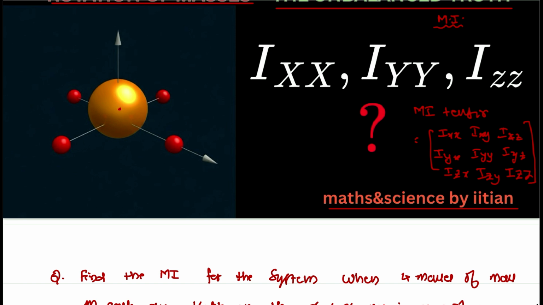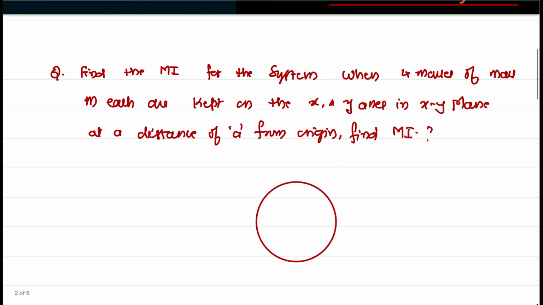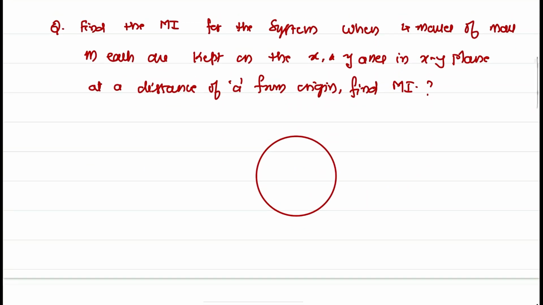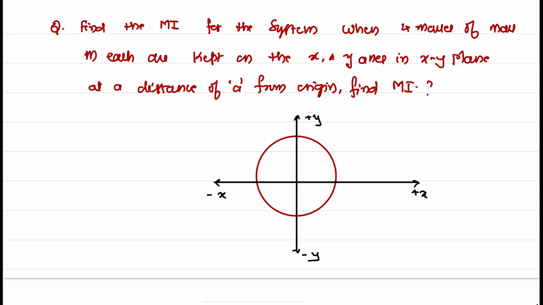The question is framed now. This is the y-axis, this is the x-axis, this is positive x, this is minus x, this is positive y, this is minus y. It is understood.